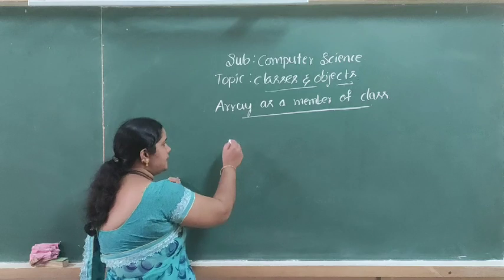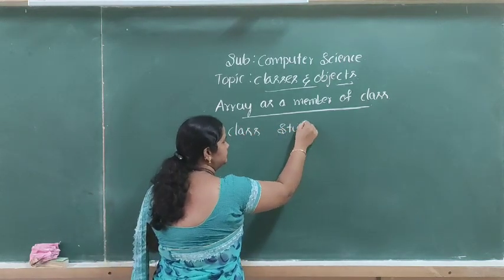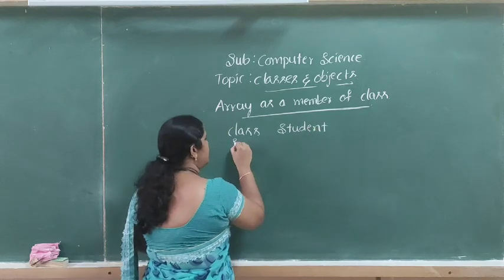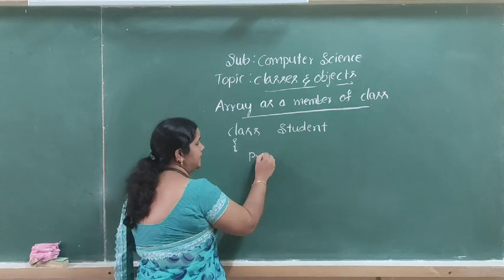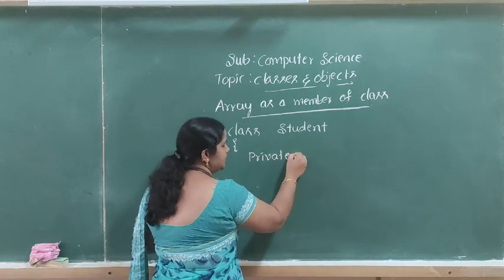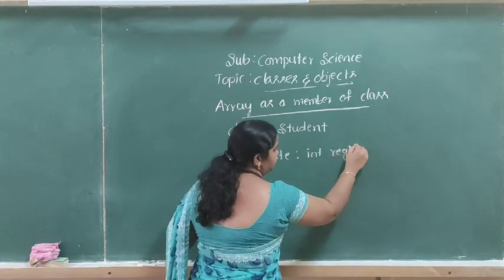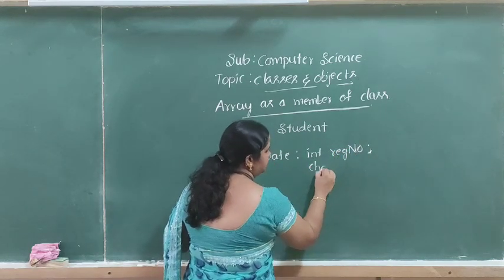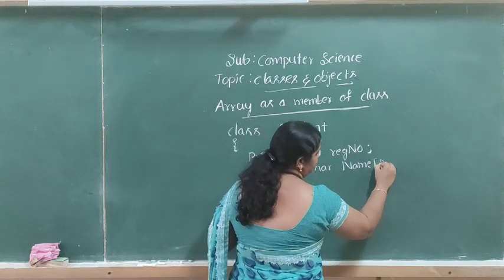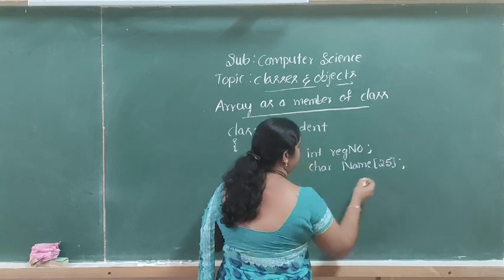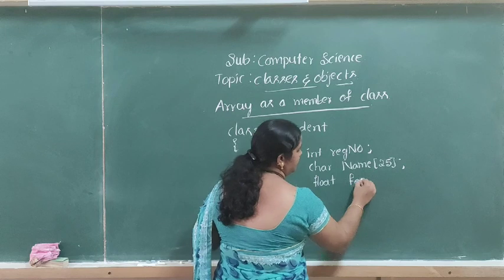For example, take this class declaration: class student. It contains a private section, declaring the data members int register number, char name of 25, and float fees.